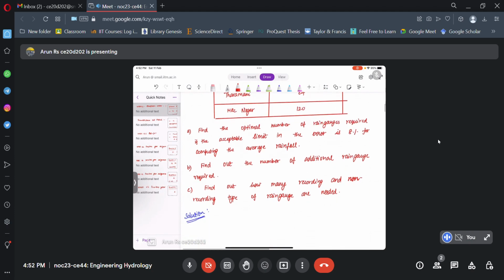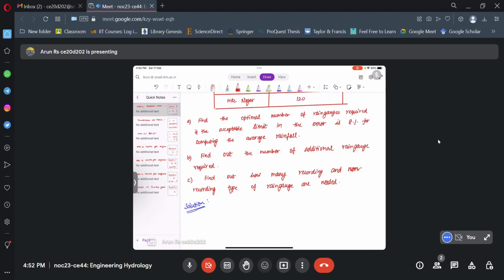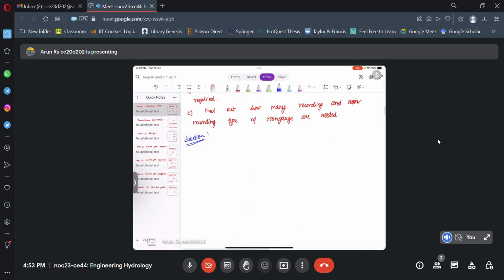Now we need to determine the optimal number of rain gauges if the error is 8% for computing the average rainfall, the number of additional rain gauges required, and the number of recording and non-recording rain gauges required.